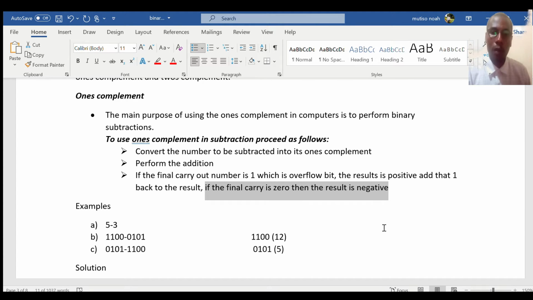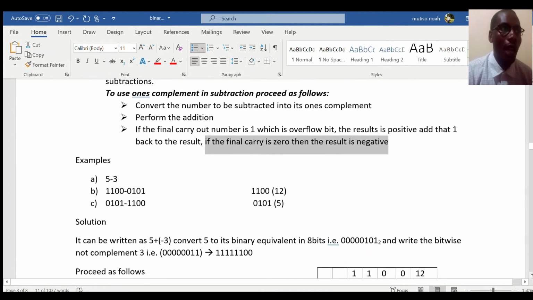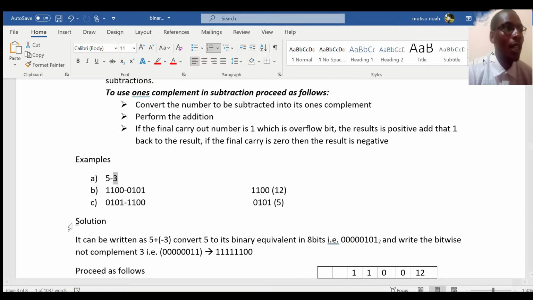Let us see them by example. What do I mean by example, so that you can understand what we mean? I have started with the first one: 5 minus 3, where you have to convert 5 into binary and 3 into binary. In case you are given decimals, you have to convert both of them into binary numbers, because we are working with binary numbers.